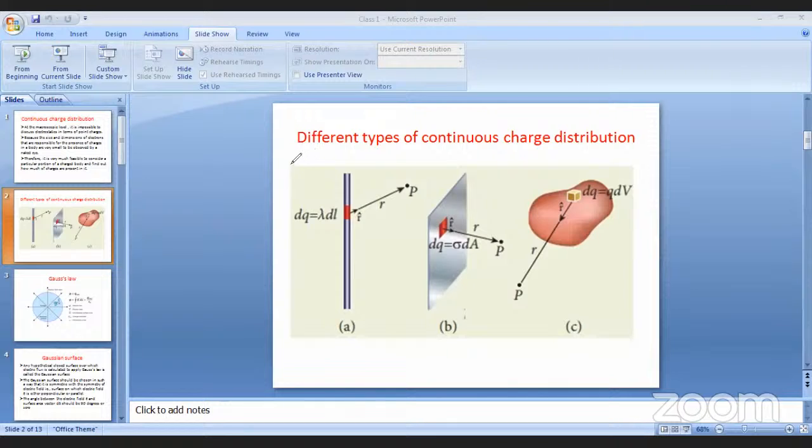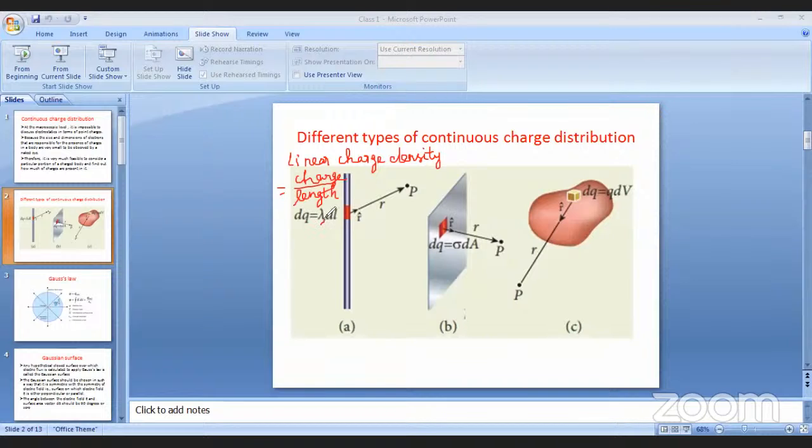As far as this wire is concerned, linear charge density means the charge divided by the total length.